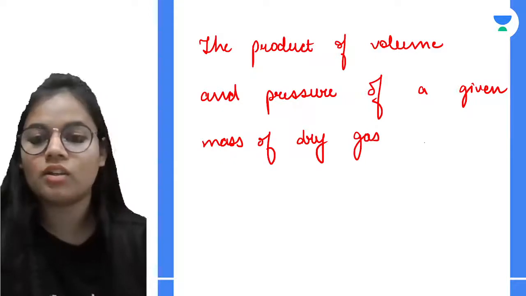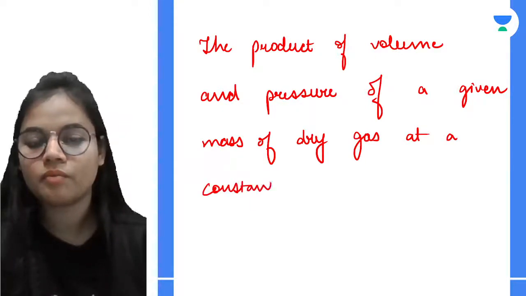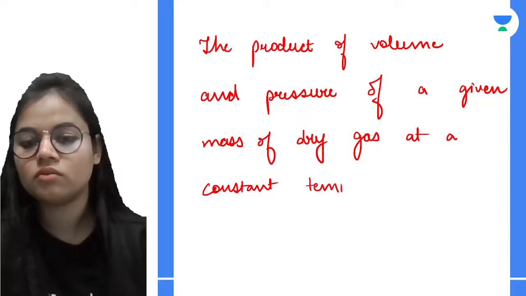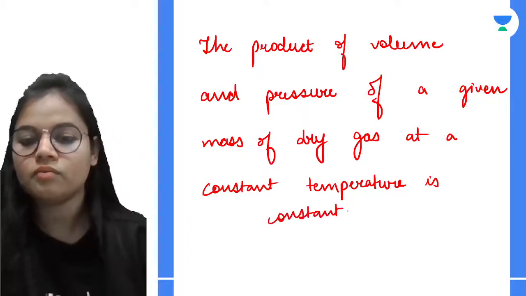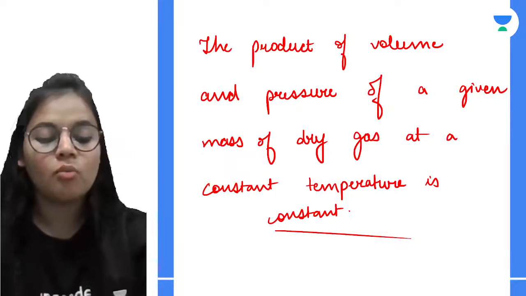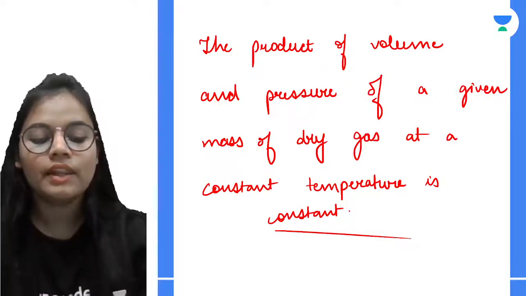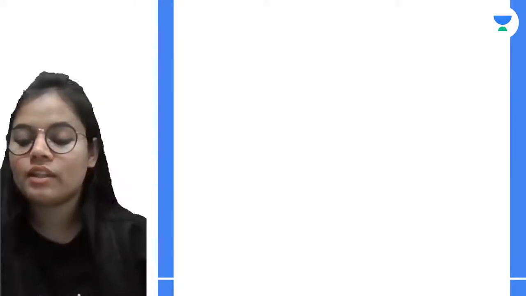Temperature is constant. So at a constant temperature is constant. So that is the second statement of Boyle's law.